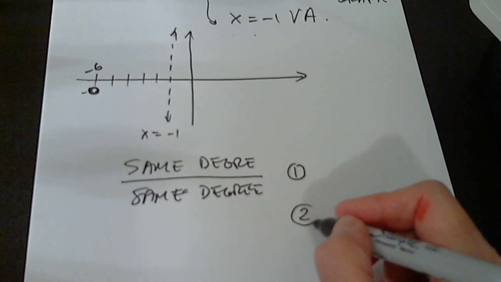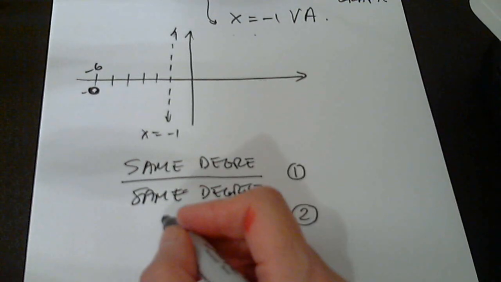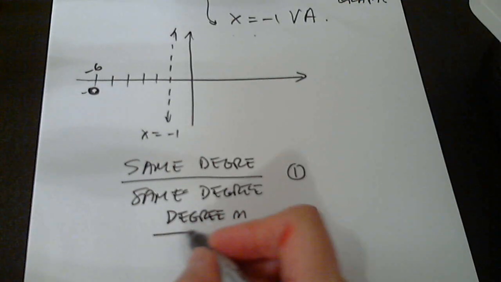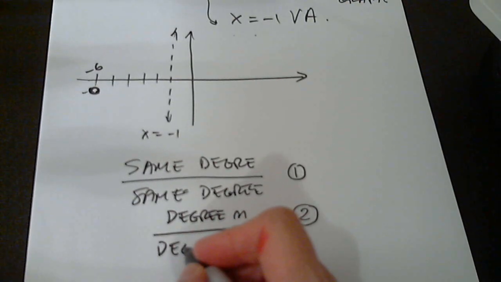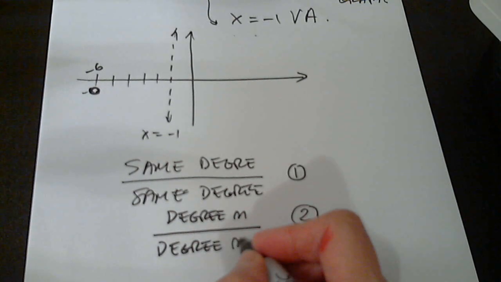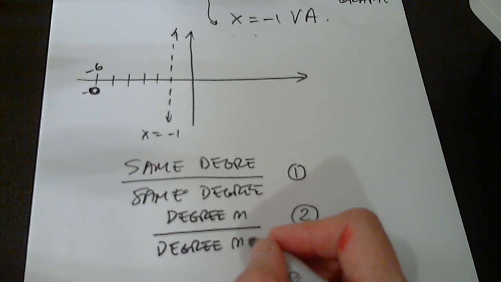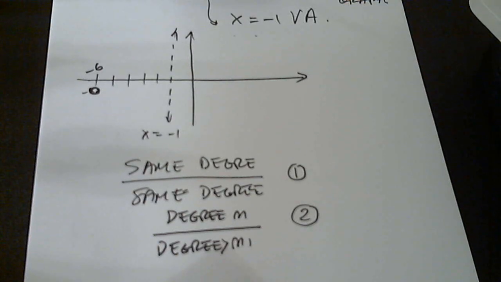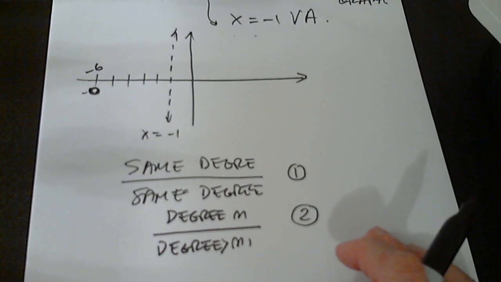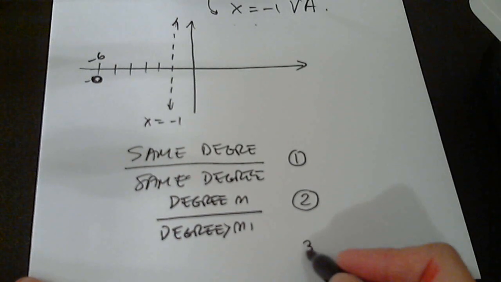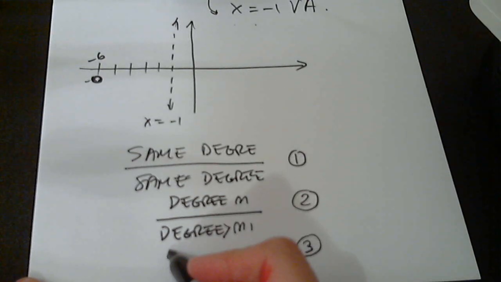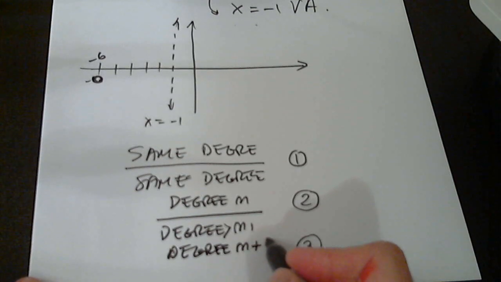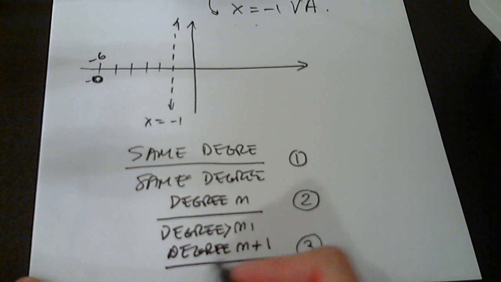Situation number 2: degree n over degree greater than n. Final situation: degree n plus 1 over degree n.